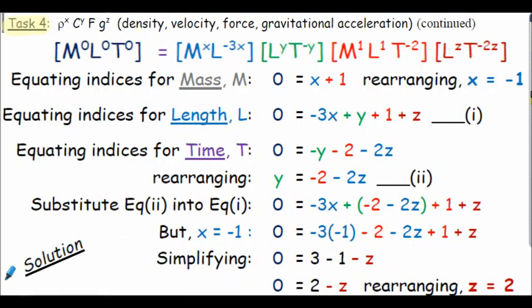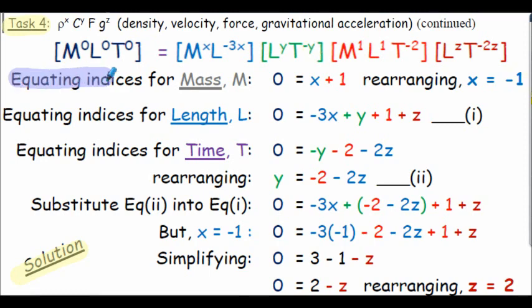So task 4, solution continued. Just repeated this top line from the previous slide for convenience. This time we can generate 3 equations. We have 3 unknowns in our non-dimensional expression, and we can generate the equation for M this time, as we have not in the previous task.